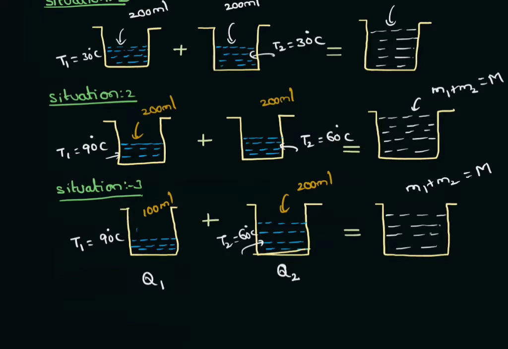So that's why in the first one, and in the third, after mixing, whatever it is, take it as Q. And what is that? Q equals m s delta T. So this one is m s delta T, this is also m s delta T. But the question is it is different, so try to understand.